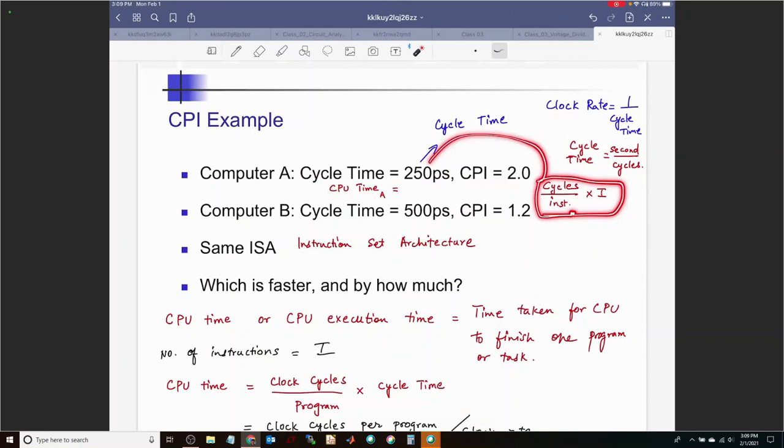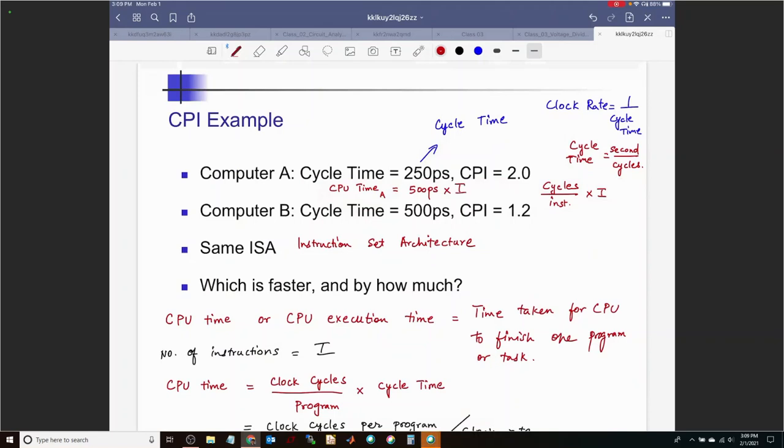If I multiply that with 250 picoseconds, which is the time taken for each cycle, I get the total CPU time. So that would be 500 picoseconds multiplied by I.